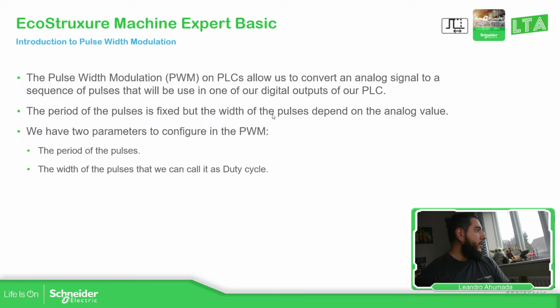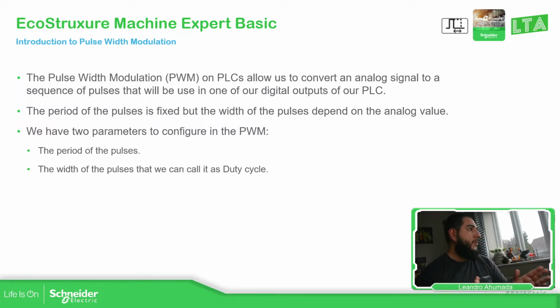As it says over here, the period of the pulses is fixed, but what is different is the status of each pulse. The part of the pulse that is true, that is what we're going to change on the software.